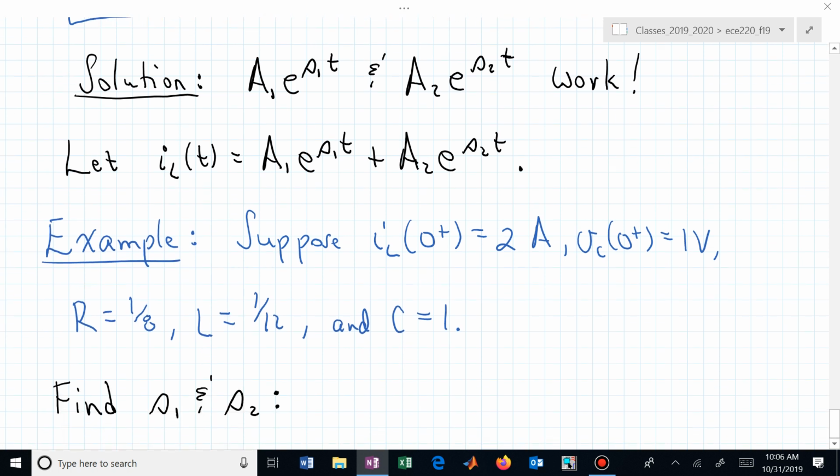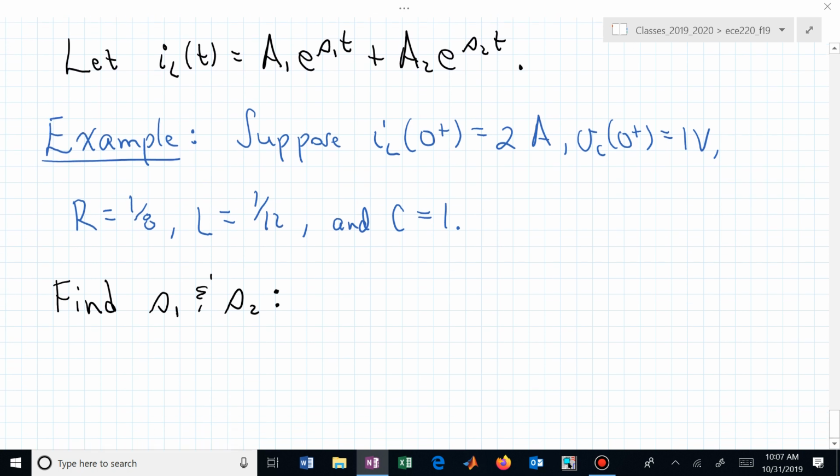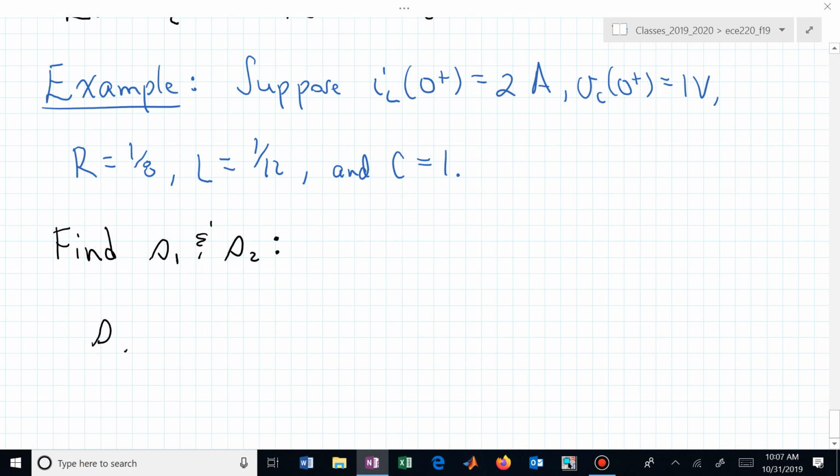What's our first step? First, we've identified that it's a parallel RLC circuit. Now we need to use equation 8.3, which is going to allow us to solve for the roots S sub 1 and S sub 2 for that parallel RLC circuit. Do you remember what that was? S sub 1 and 2, let's do them together, we'll just keep the plus and minus.